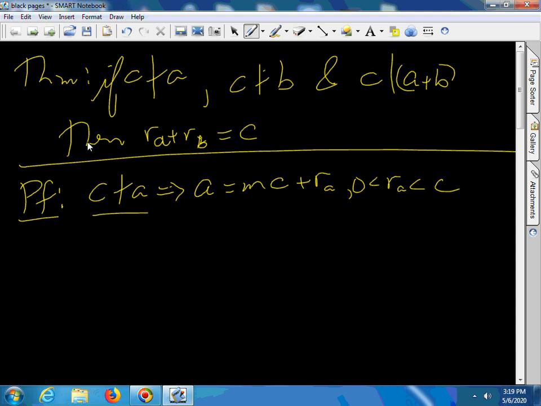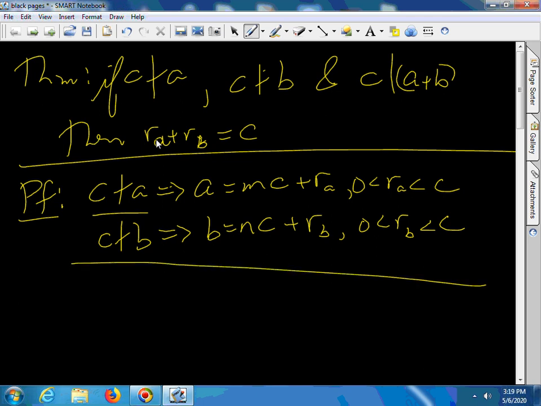That is, C does not divide A. Now, C does not divide B means that B is a multiple of C plus a remainder. And same argument. The remainder must be between 0 and C, not including either endpoint.